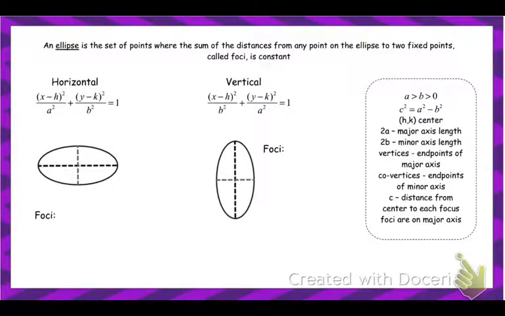The reason they flip between A and B is because A has to be the larger number. Right? A has to be the larger number. And the reason that matters is for whenever we find this C value. So this C value is how we determine where the foci are, or basically your focus is. And that's determined from that equation, and in that equation, it's a squared minus b squared. So the larger number there has to go first.